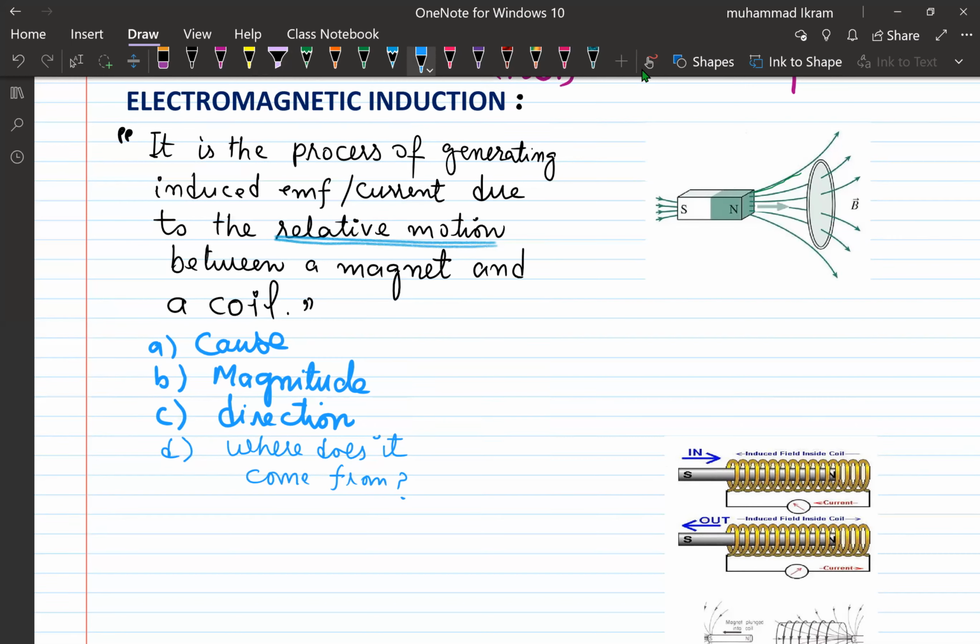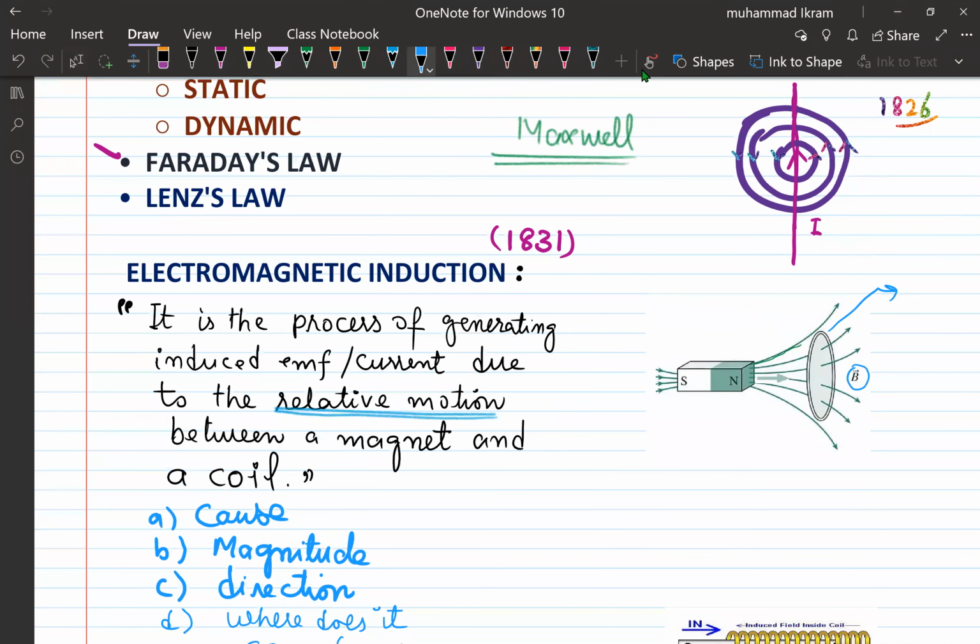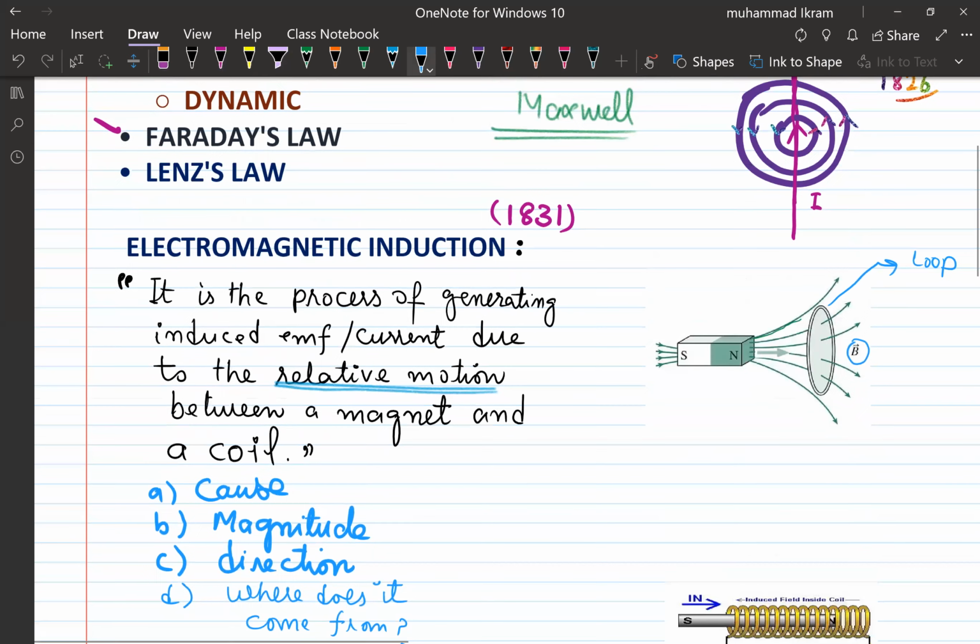Class, you see that there is magnetic induction, indicated by B. You see there is a coil or a loop, let me label it for you. This is a single loop or coil, and here you see a bar magnet.